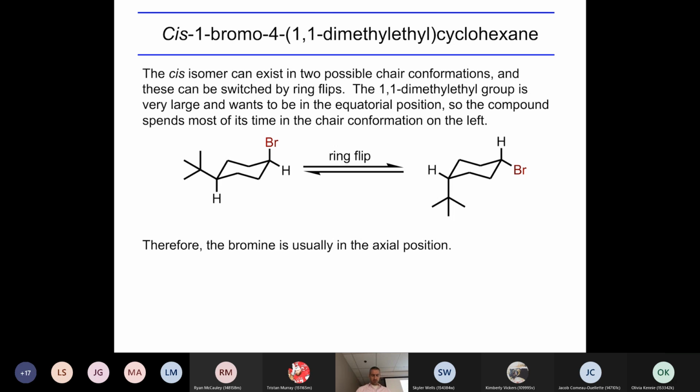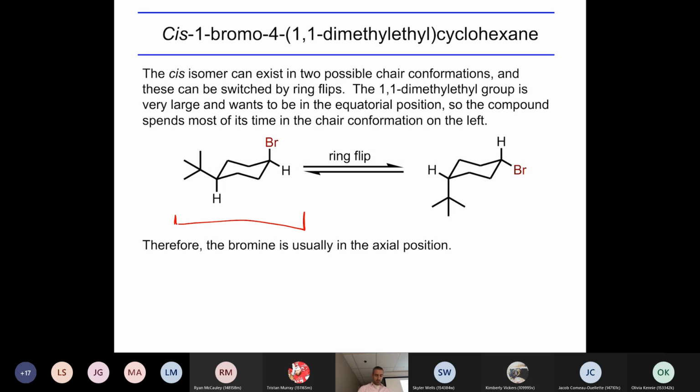Which of these is more stable? The first one. The first one is going to be more stable because the huge group is equatorial. Tert-butyl, gigantic.